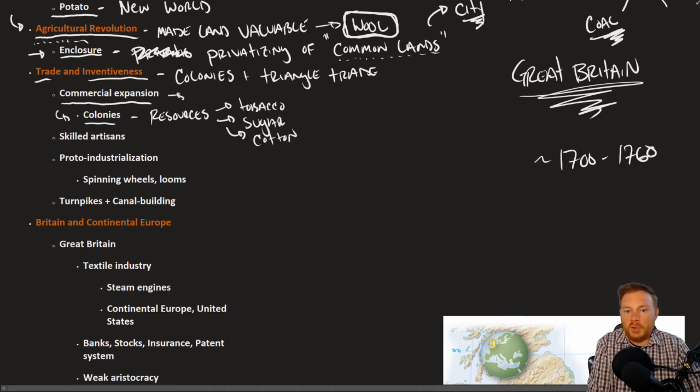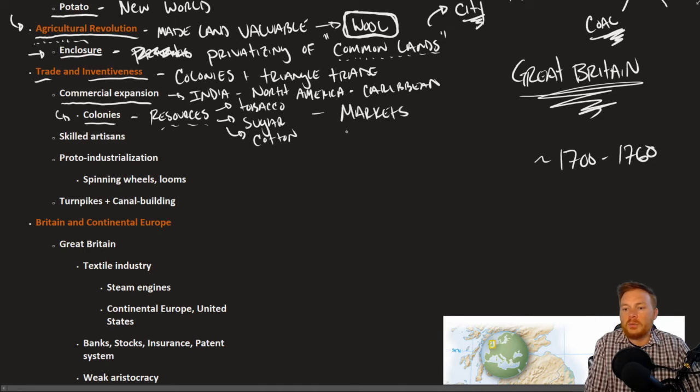Of course, Great Britain had a territory in India, they had territory in North America. The British also had territory in the Caribbean, right? And all these colonies provided resources, but at the same time, they also provided markets, as people living in these areas all wanted to buy things.